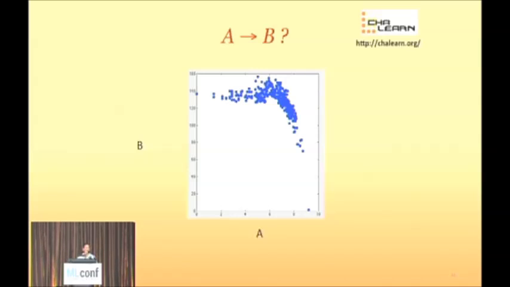So now I'm putting you to work. Now it's a quiz for you. Can anybody think about a reason why we might think that A causes B or B causes A? So in what sense also do we want to say that? The working assumption here is that we're not even using time. People often think of causality as something that involves time. But here we're thinking more of causality in terms of a function.